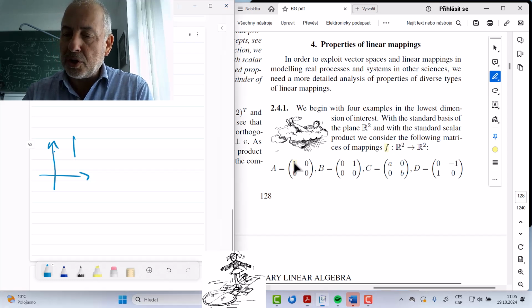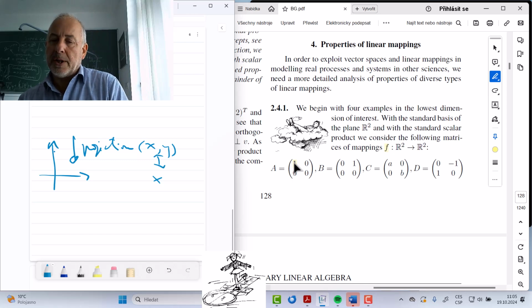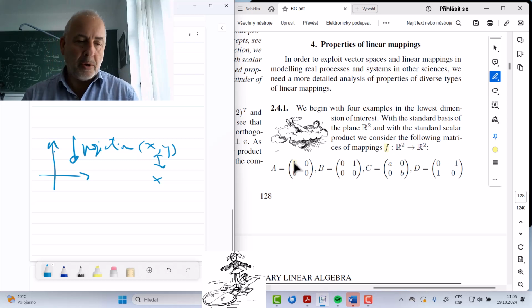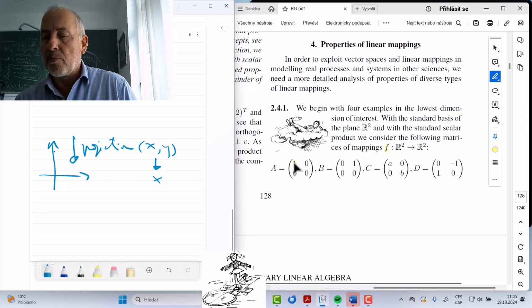It's a projection to the plane. Right, xy maps to x. So it's not very nice, the arrows, so let me draw it nicer, this way.